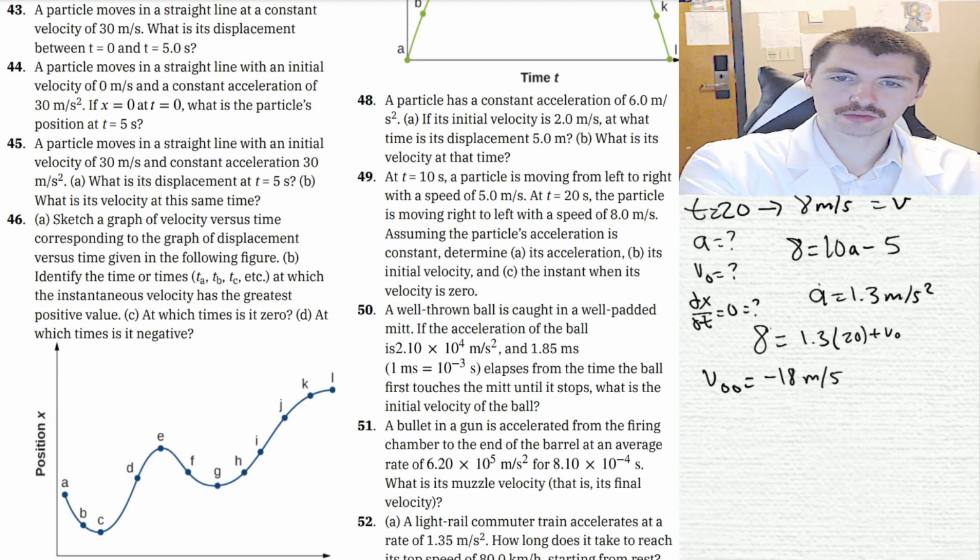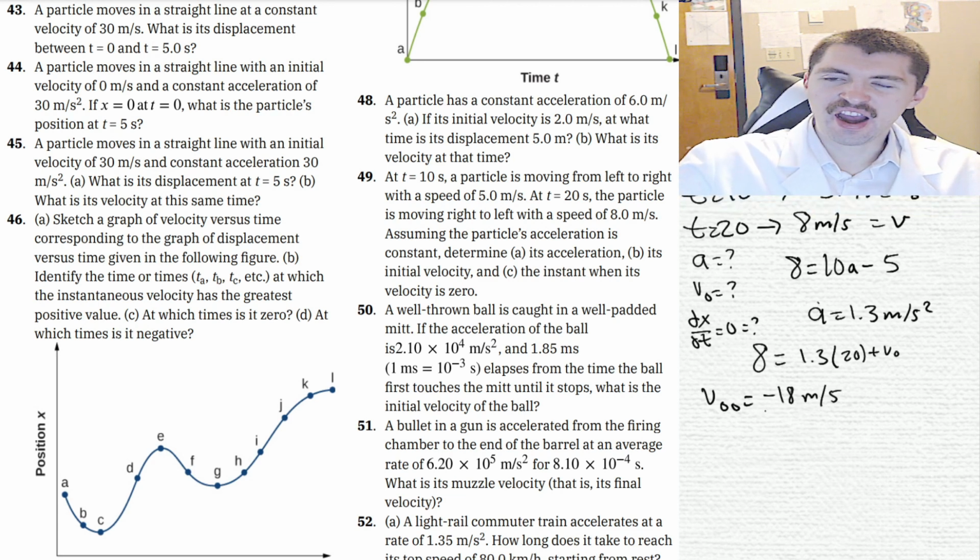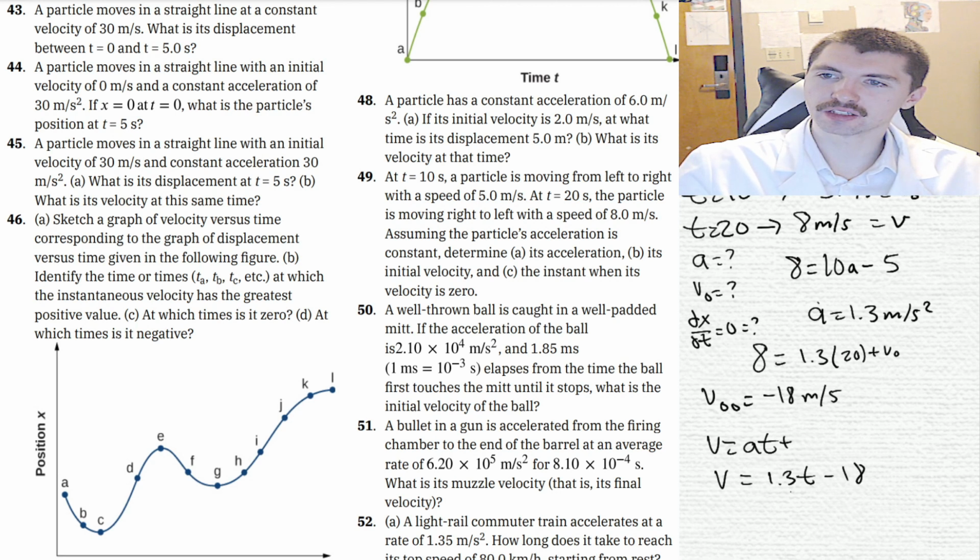Okay, so it's when its velocity is 0. So V is 1.3 t minus 18.